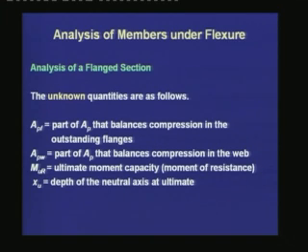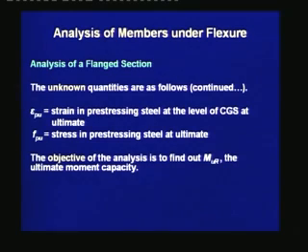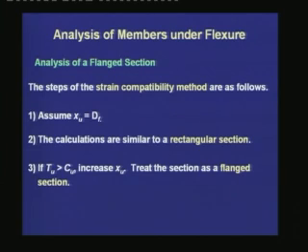We also do not know the ultimate moment capacity or the moment of resistance, which is denoted as MUR, and we do not know XU, the depth of the neutral axis at ultimate. We also do not know the strain in the prestressing steel at ultimate, which is epsilon PU, and we do not know the stress in the prestressing steel, which is FPU. Now, the objective of the analysis is to find out MUR, the ultimate moment capacity.